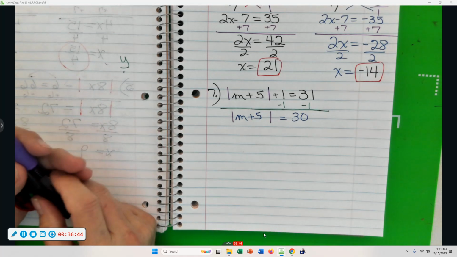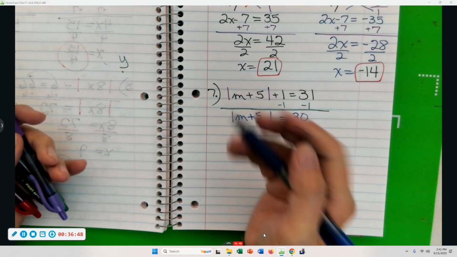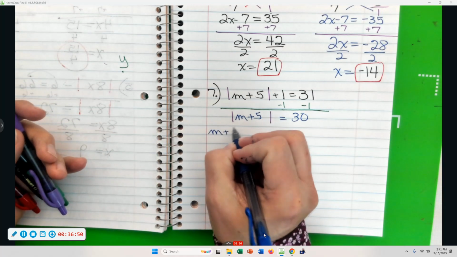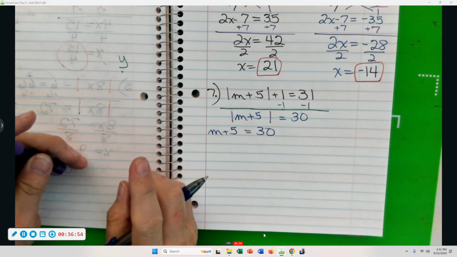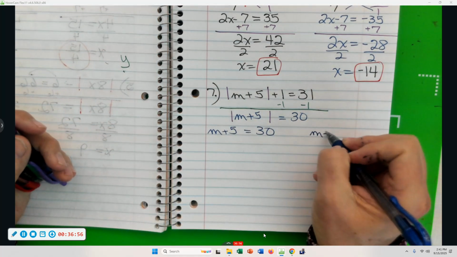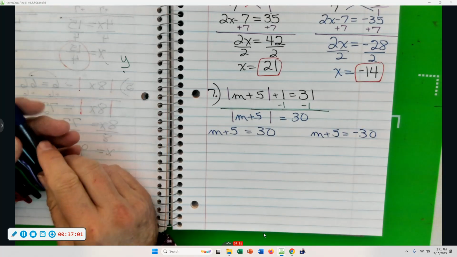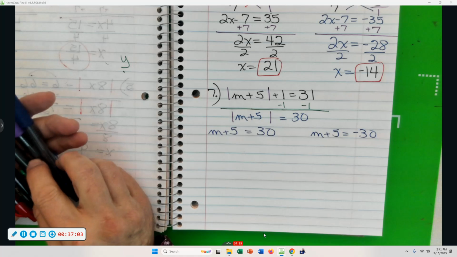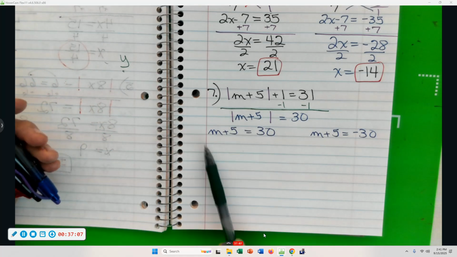How many cases do we expect to have here? 2. That m plus 5 has to equal positive 30, or m plus 5 equals negative 30. What will we do to solve this first one?